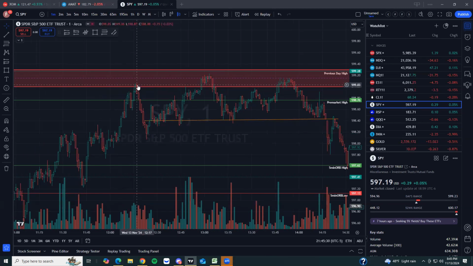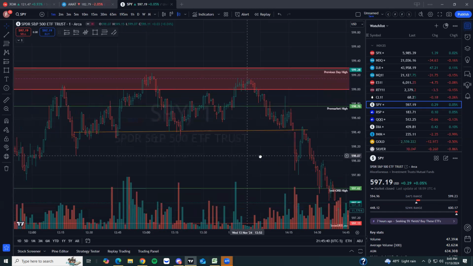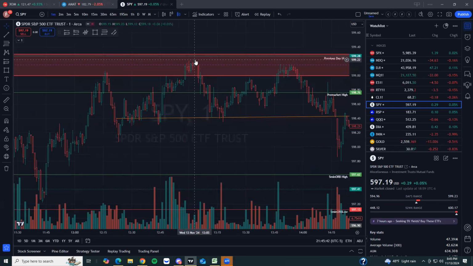And you can see how price came into that area. Boom, came down. Boom, came down. Try it again, came down. What makes you confident in the play is this part here: a nice big wick, a big red candle smashing it down. And if you notice, the second time around, it didn't even get up as high.